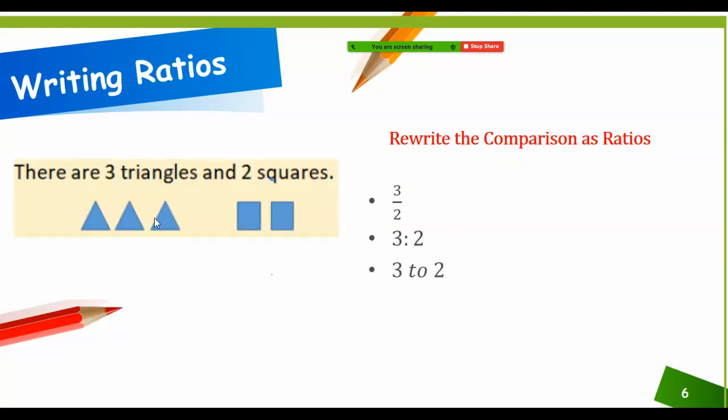When writing a ratio, you have 3 triangles and 2 squares in our example. So we can write that ratio as a comparison of a fraction of 3 over 2. You can write it as the comparison between 2 points.